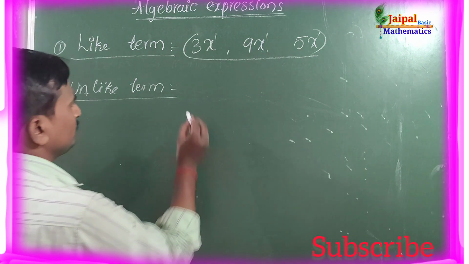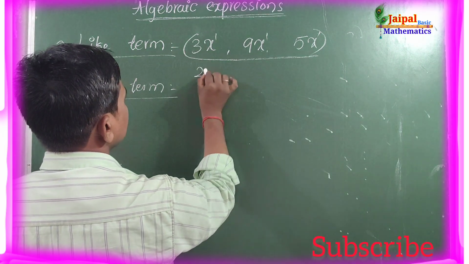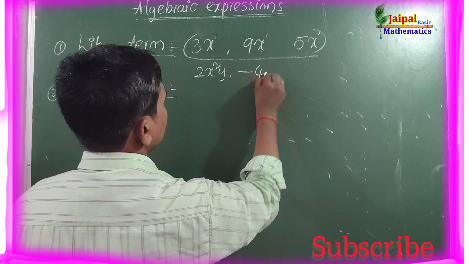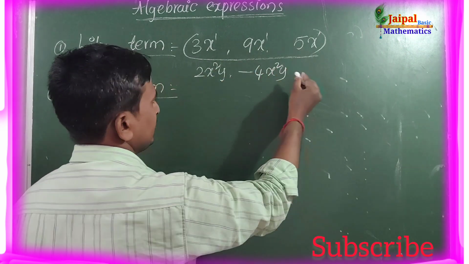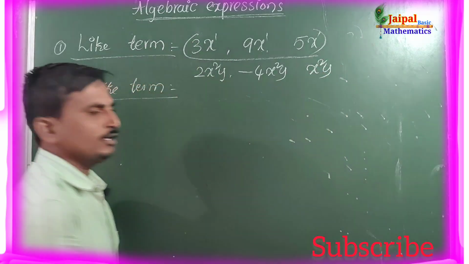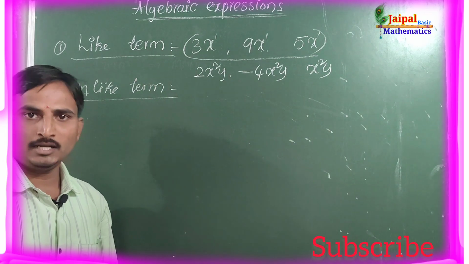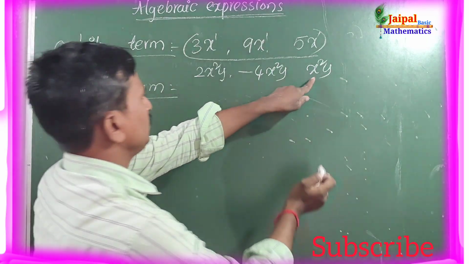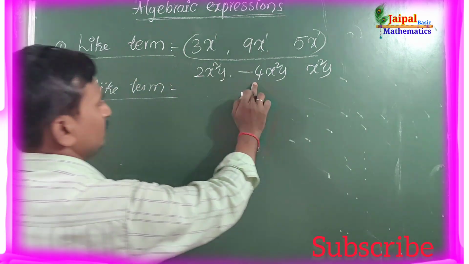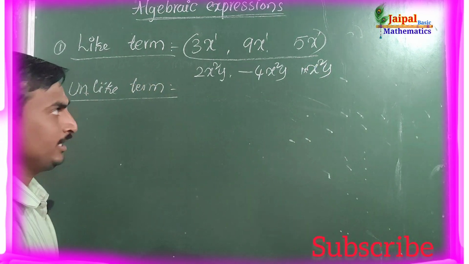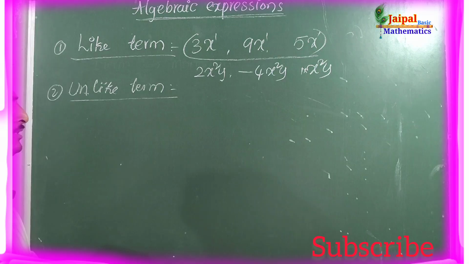Okay? Let's take one more example. Here 2x square y and minus 4x square y and x square y. Here the constant is not important, variables and powers are important. Here constant 2, here minus 4, here 1. But the constant is not important, variables are important and powers are important.